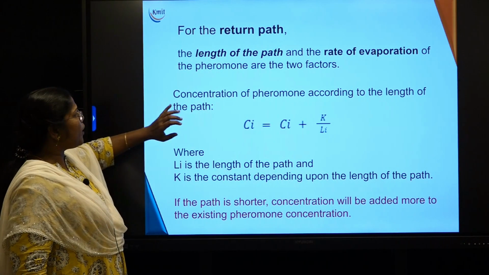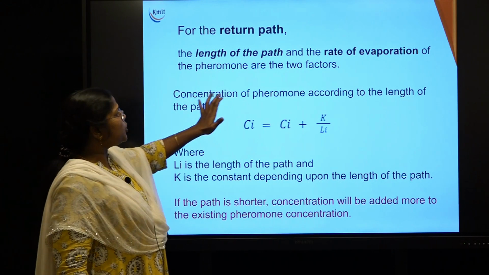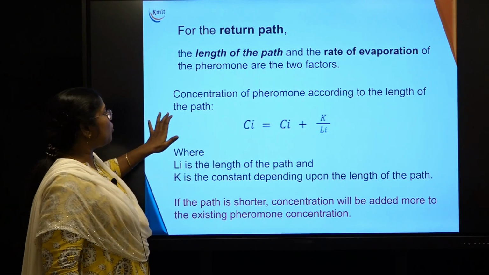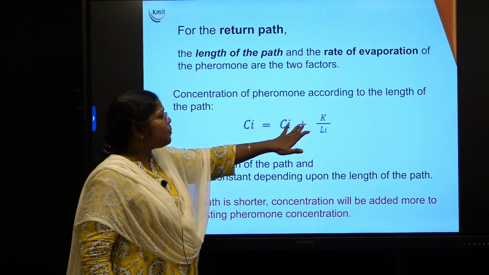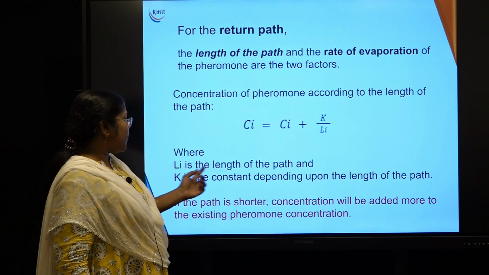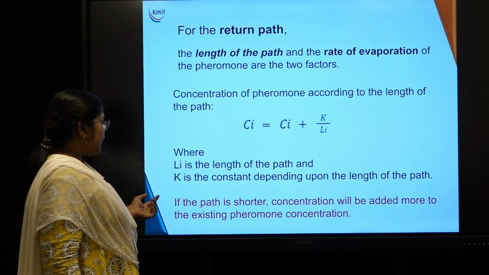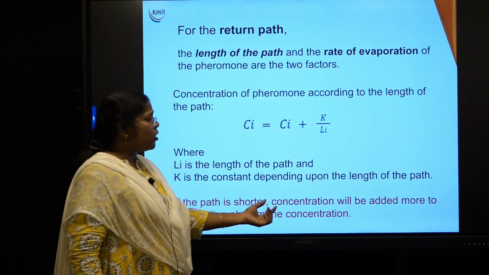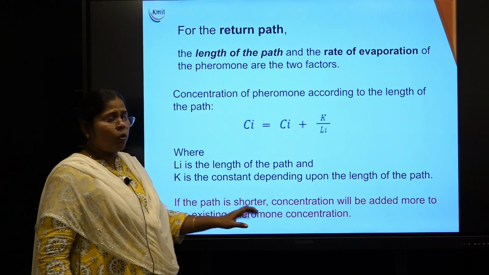These two factors we consider for the return path. The concentration of the pheromone according to the length of the path is Ci = Ci + K / Li, where Li is the length of the path and K is a constant depending on the length of the path. If the path is shortest, concentration will be added to the existing pheromone concentration.